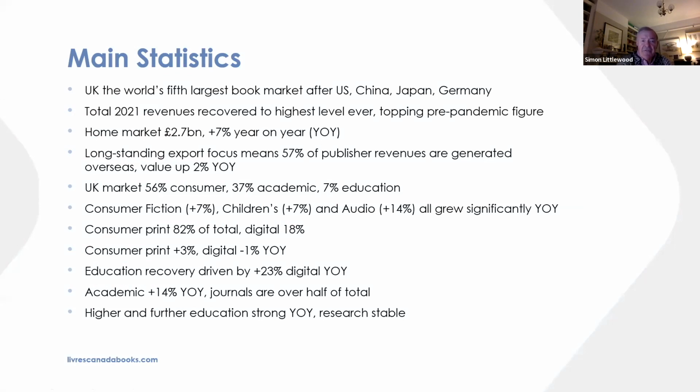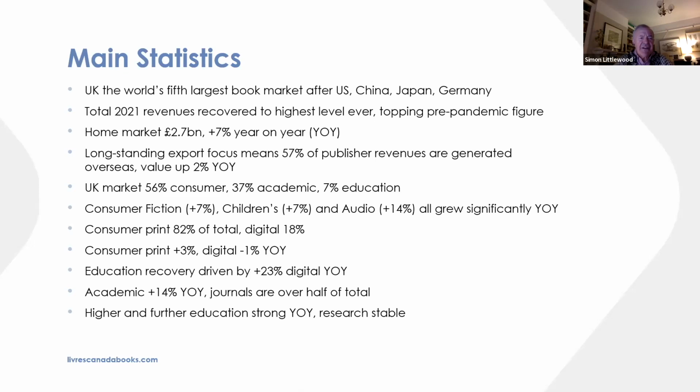In 2021, the revenues recovered to their highest level ever, in fact, and people were very encouraged that this went above the pre-pandemic levels. So the home market is worth £2.7 billion, and I should just let you know that this is at publisher value, publisher invoiced value, and that was up 7% year on year.